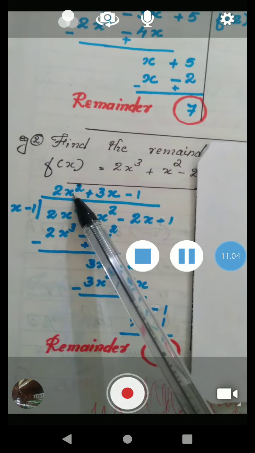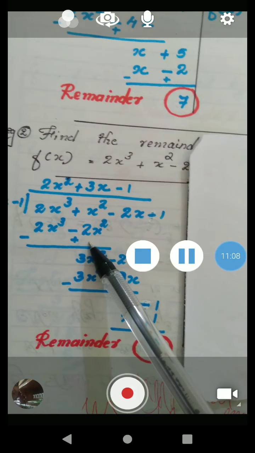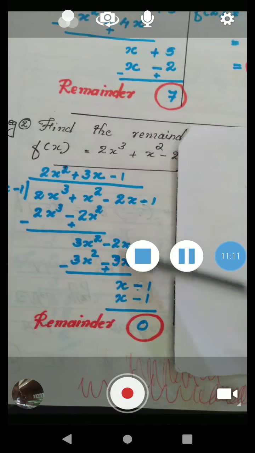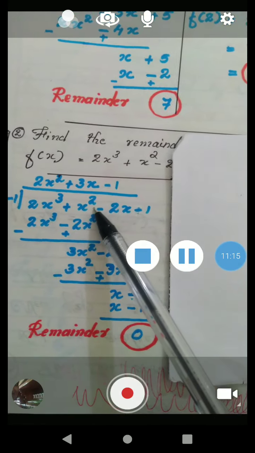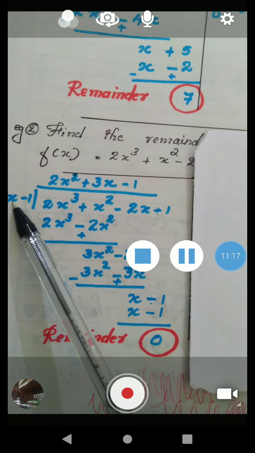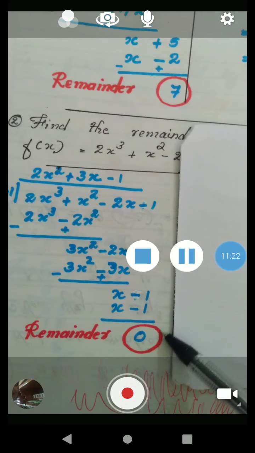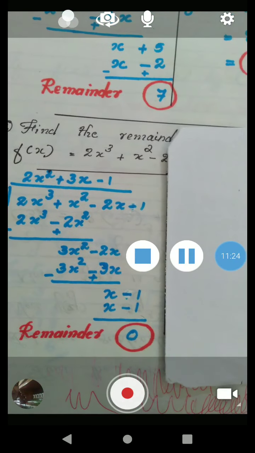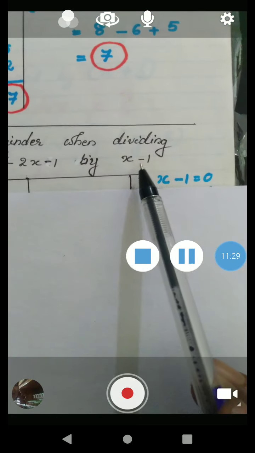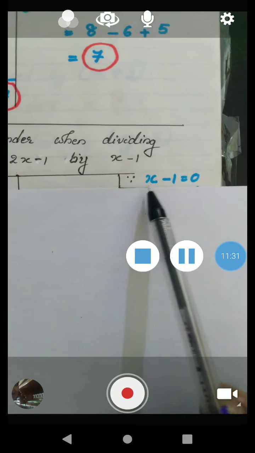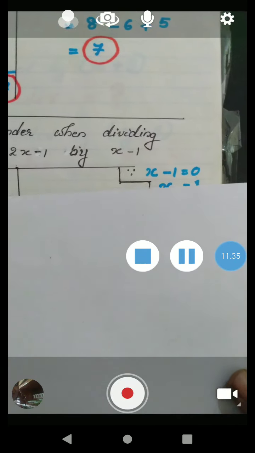So here 2x square into x, 2x cube, minus 2x square into minus 1, minus 2x square. You can see all these steps. And when we divide this polynomial by x minus 1, we get the remainder 0. And in another way, divided by x minus 1, let x minus 1 is equal to 0, x is equal to 1.